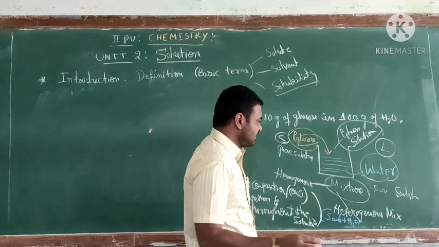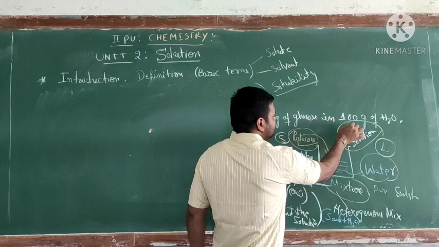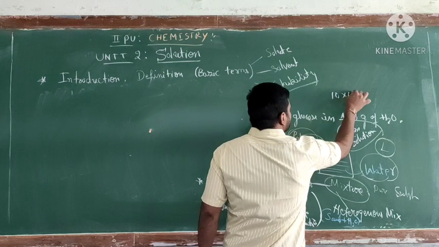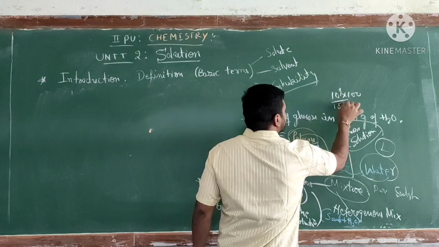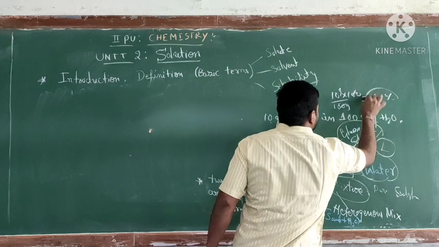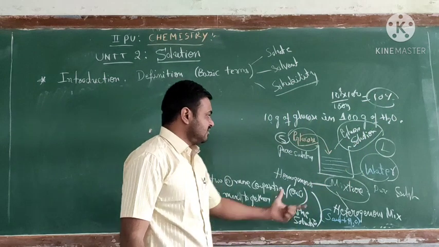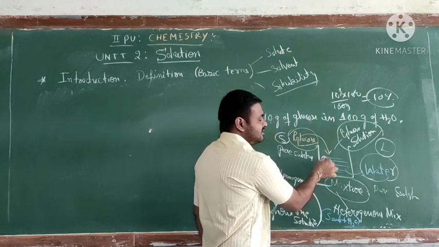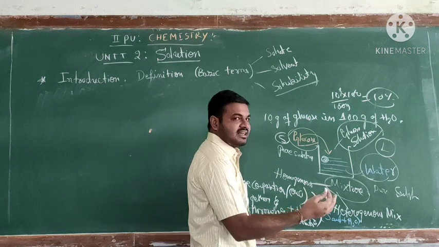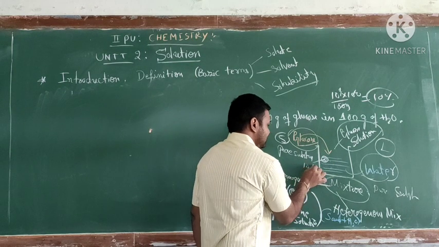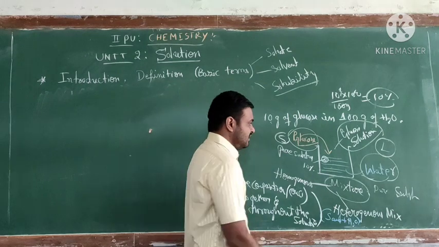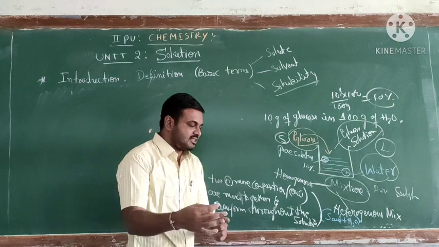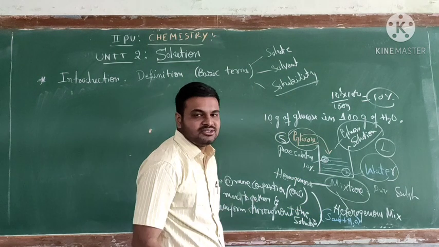Take for example, here is 10 gram of glucose in 100 gram of water. So 10 into 100 percent gives 10% of glucose present in this solution. You take this portion and calculate, it gives 10% glucose solution. You take here also 10%, anywhere. It means the concentration throughout the solution is uniform.